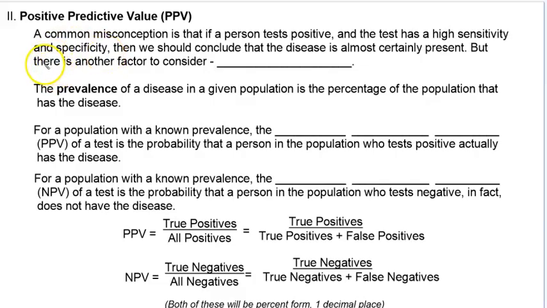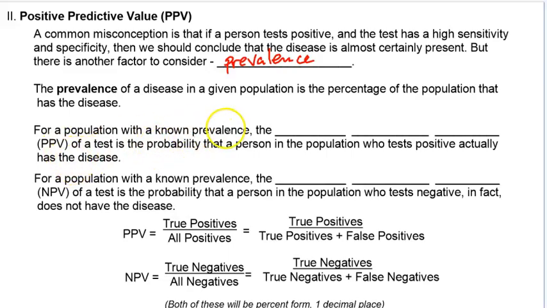But we have to consider another factor, and that is the prevalence of the disease. The prevalence of a disease in a given population is the percentage of the population that actually has the disease. And that's what PPV and NPV take into account, where sensitivity and specificity do not. We're going to factor in this idea of prevalence of the disease in this calculation.